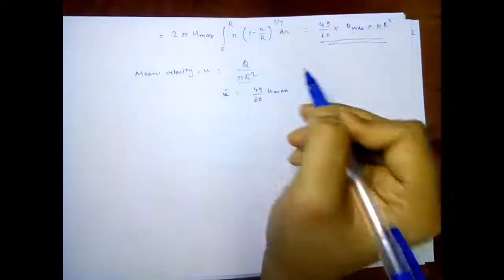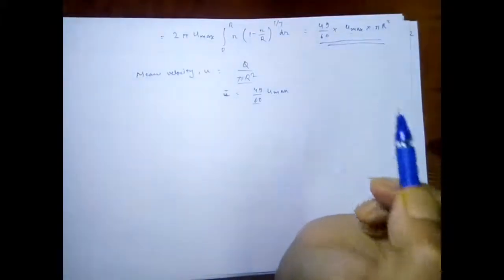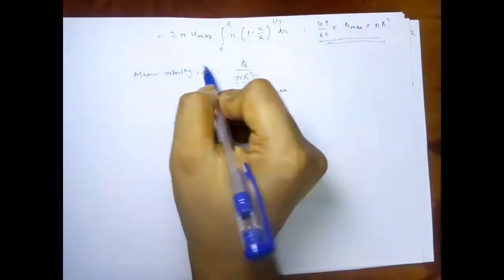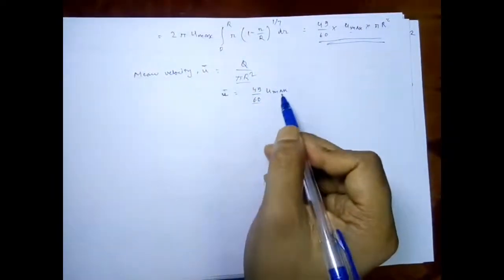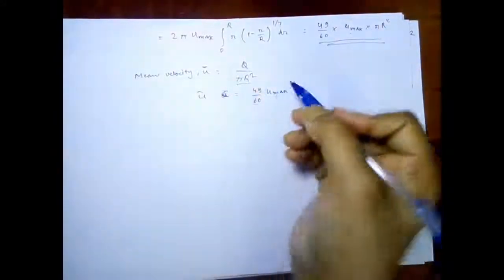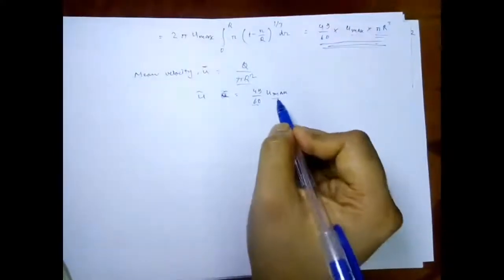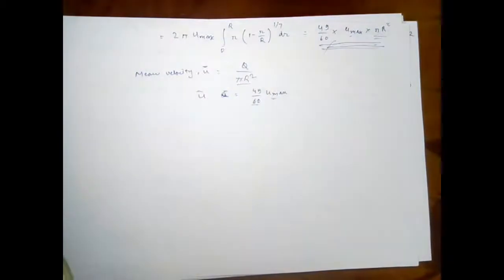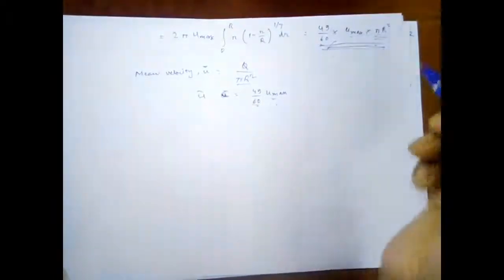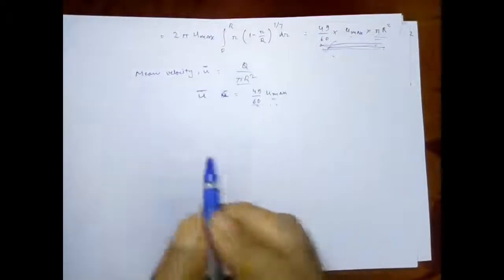Just if we divide this total discharge by pi R square, we will be remaining with 49 by 60 u max. So I can say it as u bar, as it is the mean velocity.